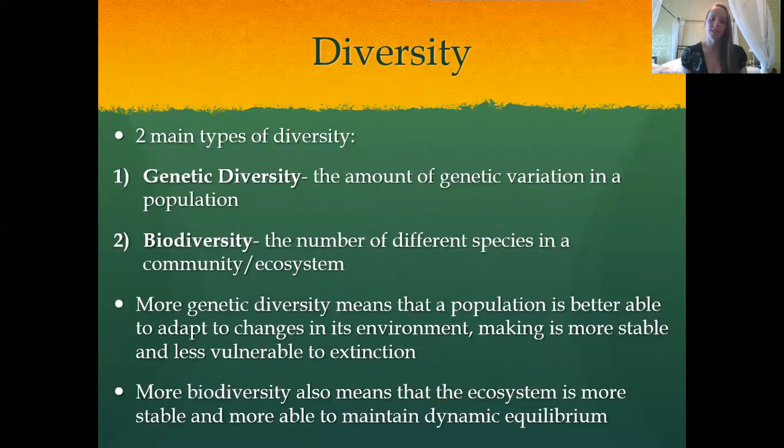So more diversity means that your population or community, depending on if we're talking about genetic diversity or biodiversity, is more adaptable, which means that it's more stable, it's less likely to go extinct, and it's better at maintaining dynamic equilibrium, that ability for the ecosystem to make these minor adjustments but stay stable overall.